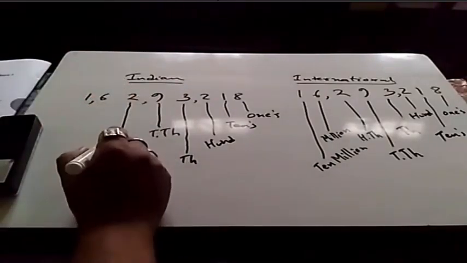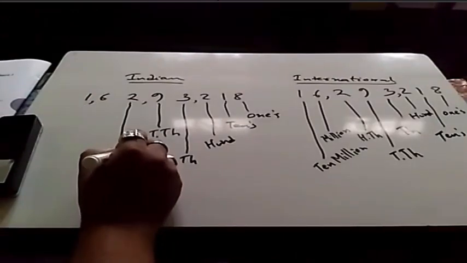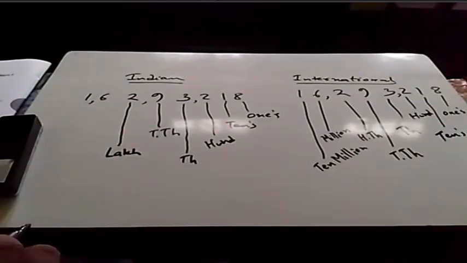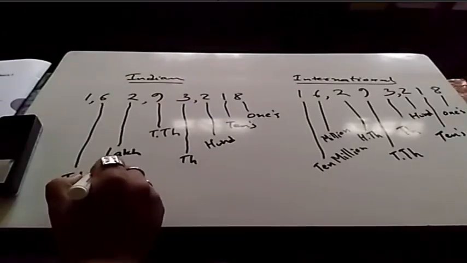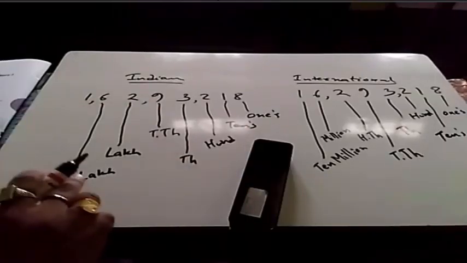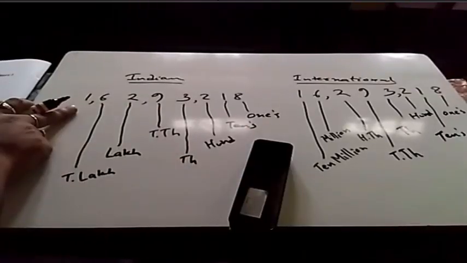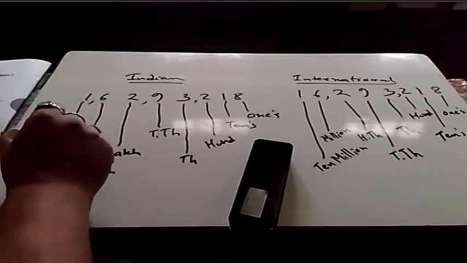So this is the lakhs house, and after that comes the 10 lakh. And after 10 lakh there is another period, and after that period comes the crores house.